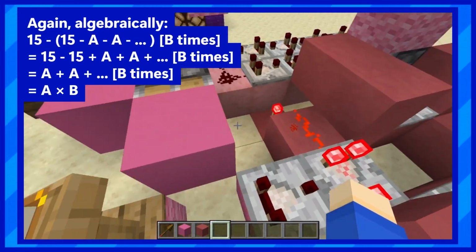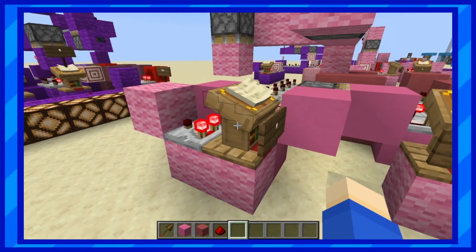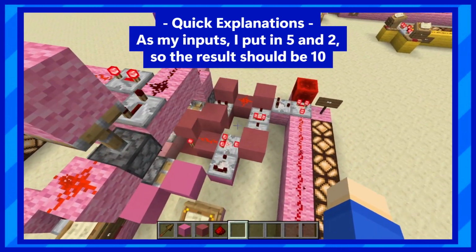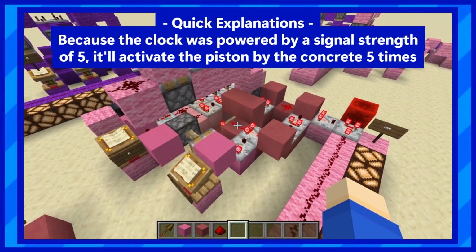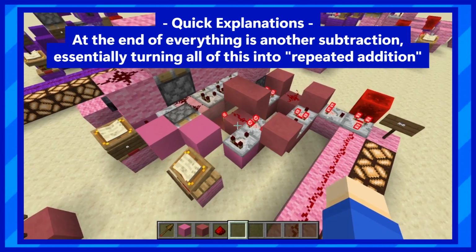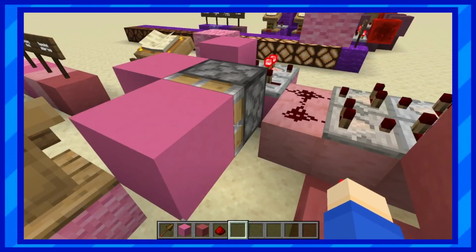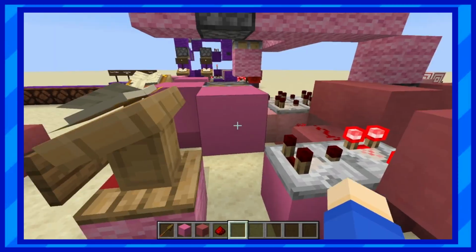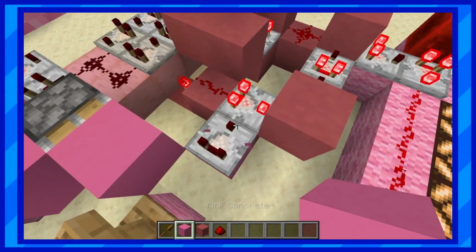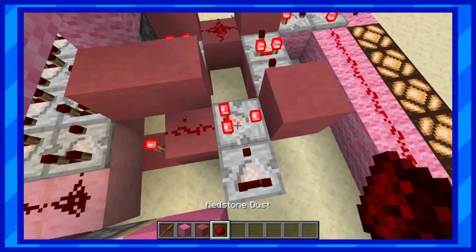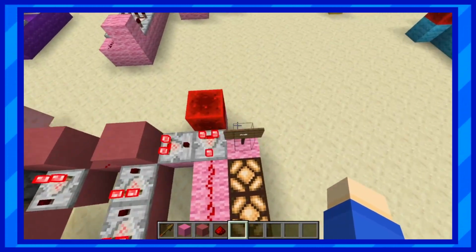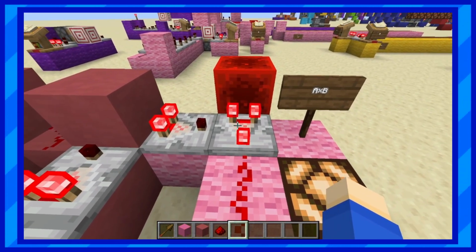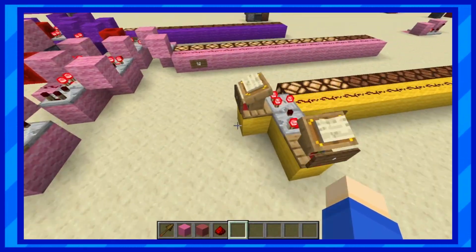So here, you've probably heard enough of me talking. As you can hopefully see, what just happened is this thing got pushed back and forth multiple times, and every time this got pushed over, like I said, it subtracts a bit from there, and we turn that subtraction into addition by doing the subtract thing over here.